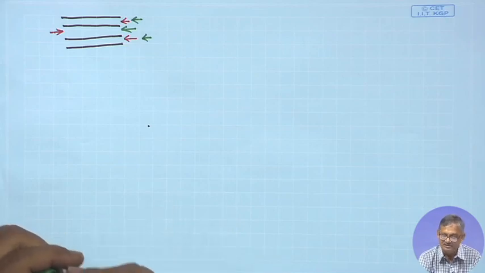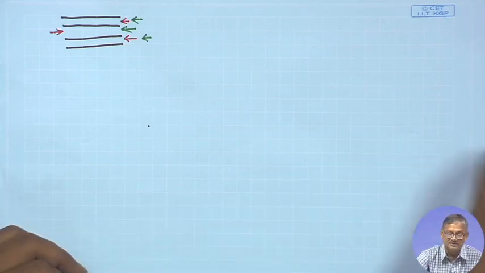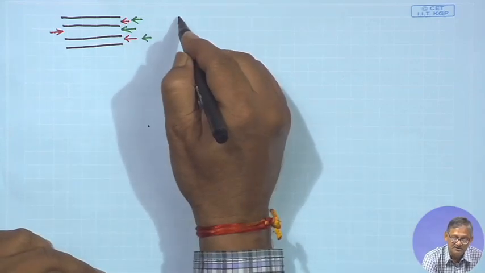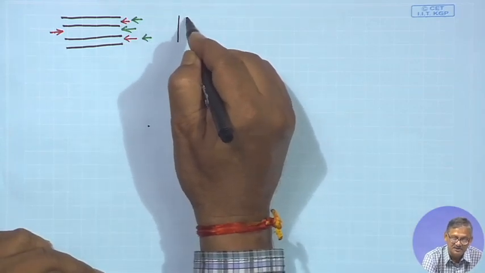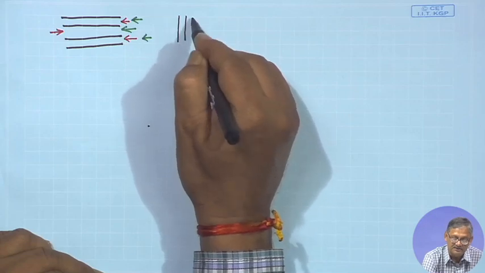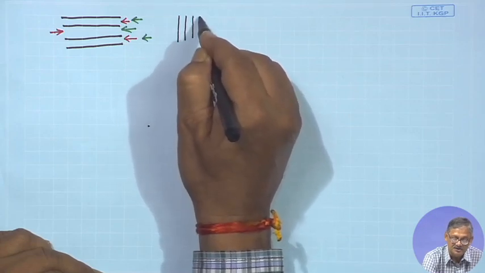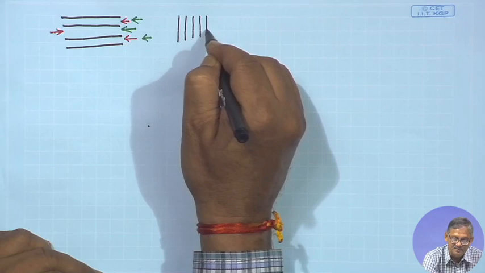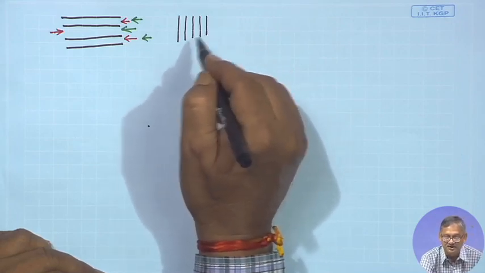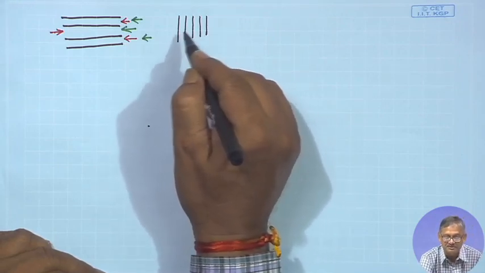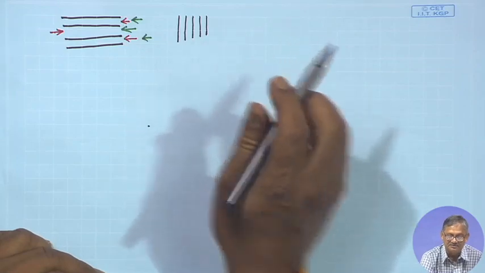The other one is the plate heat exchanger, as it is said, right? So in the plate heat exchangers, there are plates like this, several plates are there, right? I am drawing them a little apart so that you can make it out, right?